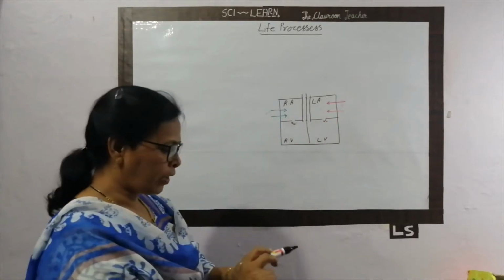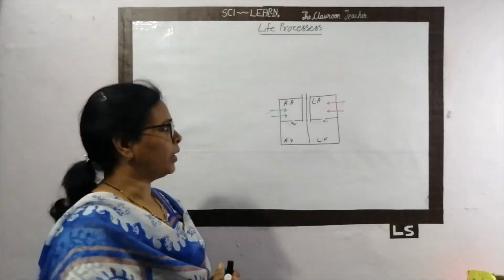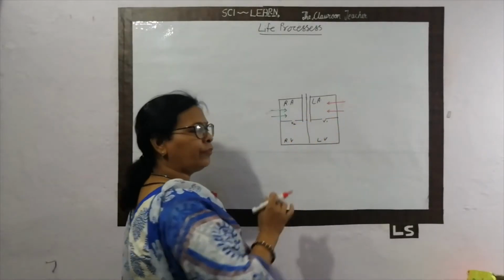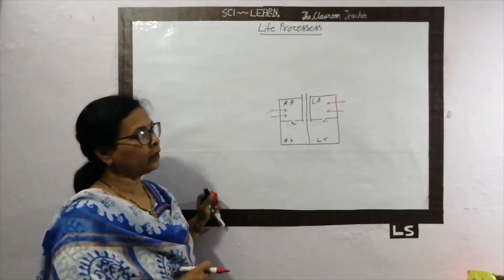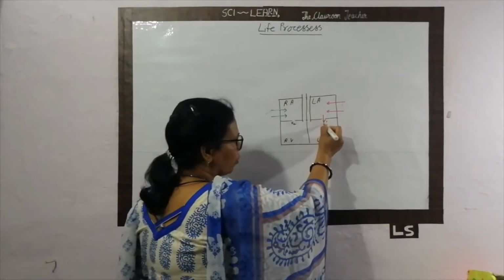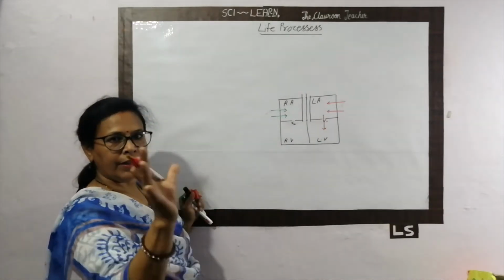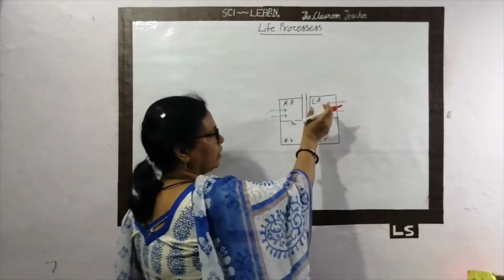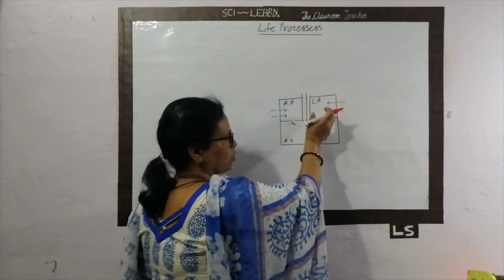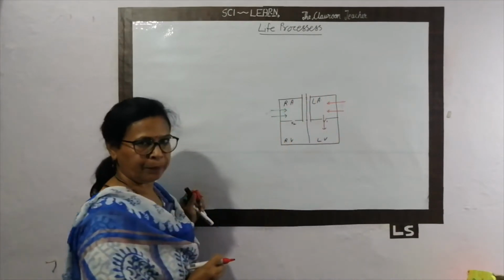Now what happens in the human heart? The oxygenated blood comes here in the left atrium or auricle. Then this blood passes through this valve to the left ventricle. When this blood comes here, this portion gets relaxed, so the volume is increased and blood comes into this chamber.